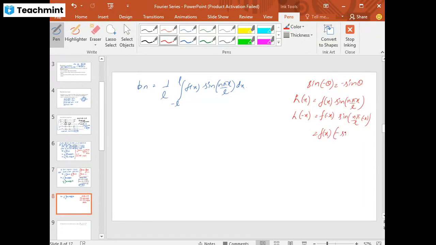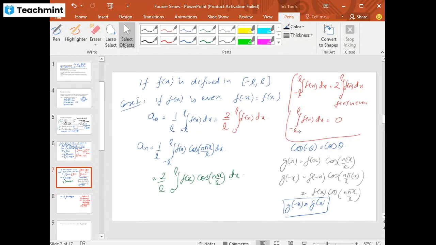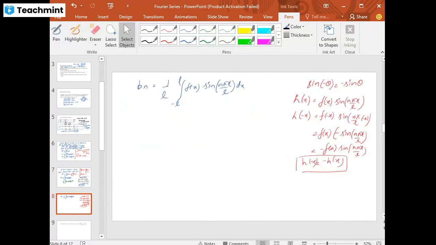So here we get minus of sine n pi x upon L. So this is minus of f of x into sine of n pi x upon L. So it means that h of minus x is equal to minus of h of x. It means the product of even and odd function is odd. So if this function is odd, then according to this property, that if your function is odd, then minus L to L f of x dx is 0. So this integral is 0.